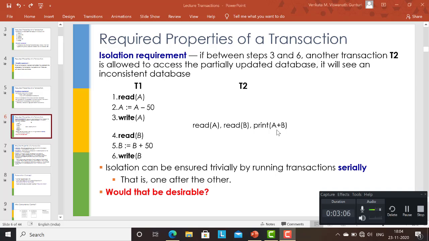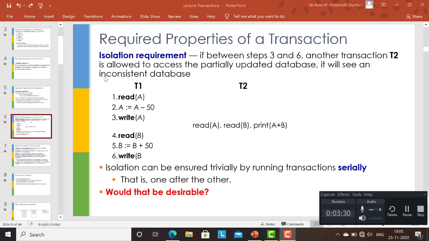Trivially, you will always get a correct result if you are executing your transactions serially. By serially, I mean that whenever you have transactions T1 and T2 like this, you either first execute T1 or you first execute T2. Then it will always be good.